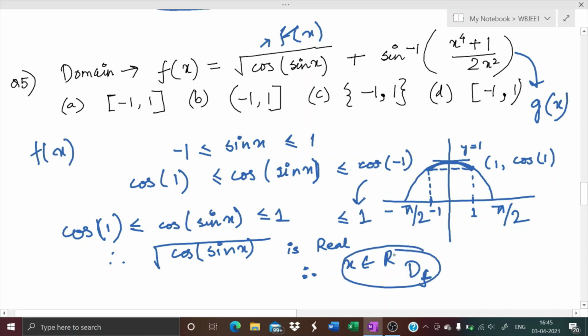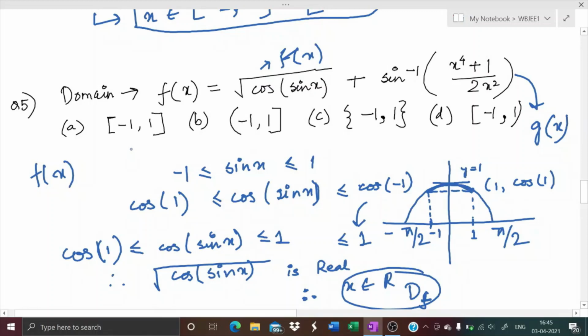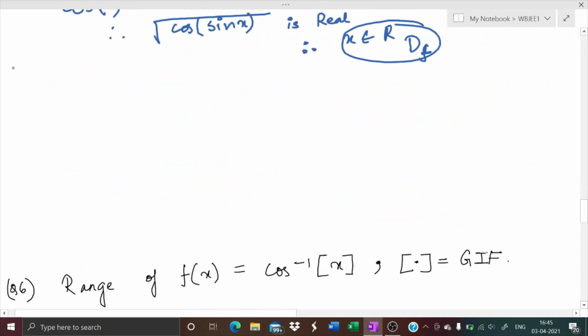Okay, now next, I have to check for the next function, that is sine inverse of (x to the power 4 plus 1) by 2x square. Now how will you find it? Since it is inside sine inverse, this would be lying between 1 and minus 1.